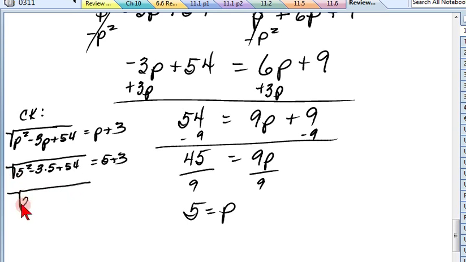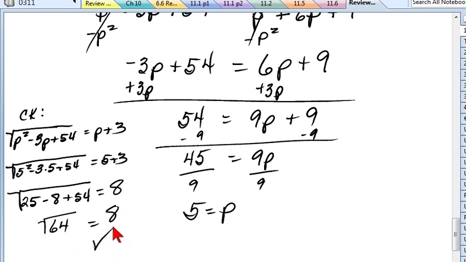This is going to be 25 minus 8 plus 54. That's 17. Help me out here. I'm without any kind of calculator, so my brain's way too tired to add. How much? Okay. Which is kind of what I wanted because the right-hand side is equal to 8 and the square root of 64 is 8. So this one checked.